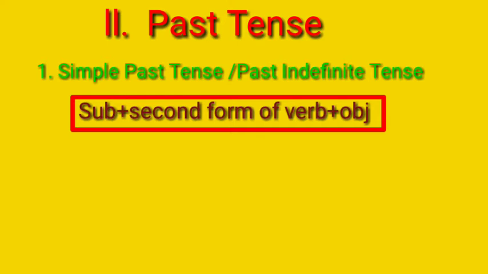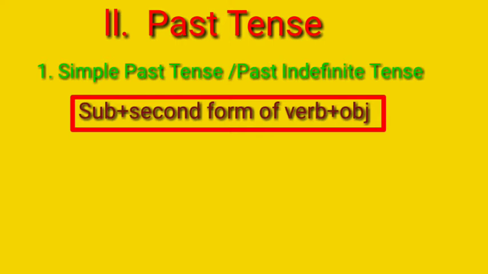So, in simple past tense, we use did as the auxiliary verb. And we can use did with all the subjects. Okay? Let us take one positive sentence in simple past tense and convert it into negative and interrogative.